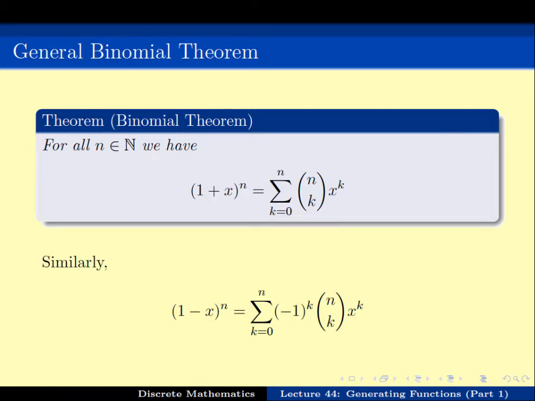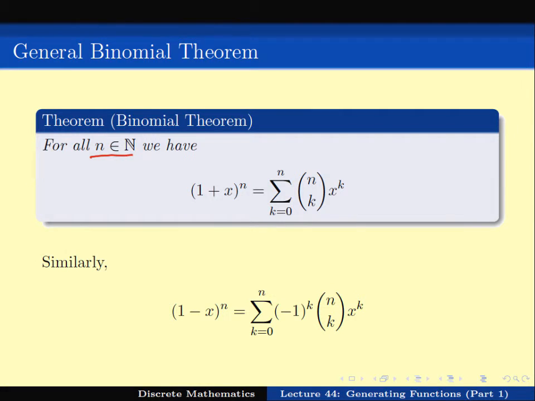Okay, I'll come to that. Before that, the important thing is that n is a natural number, so something like 0, 1, 2, 3, 4, 5 and so on. In this binomial theorem, I don't know what it means when n is equal to minus 1, because this number n choose k is not defined for n negative, or if n is not an integer.